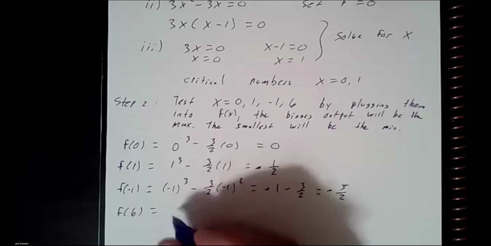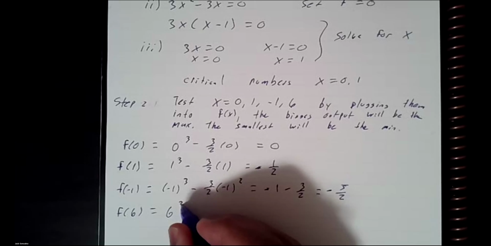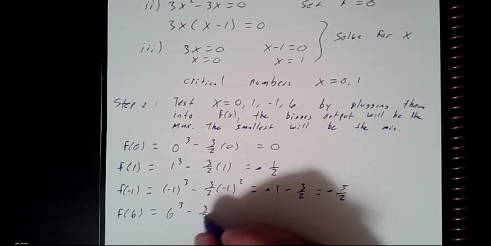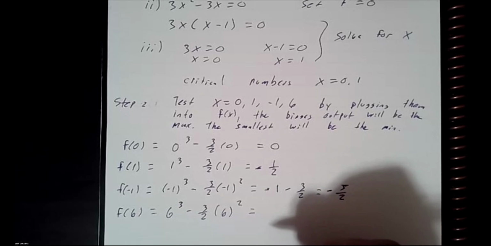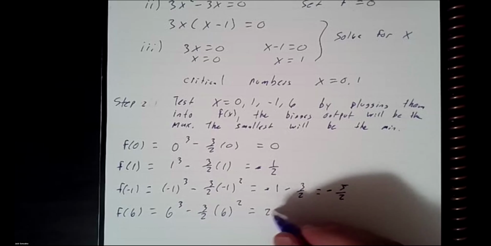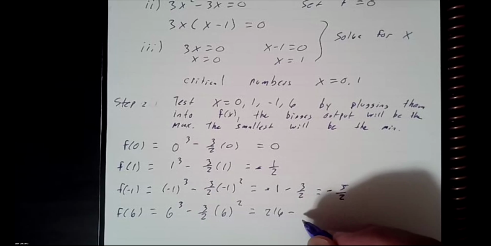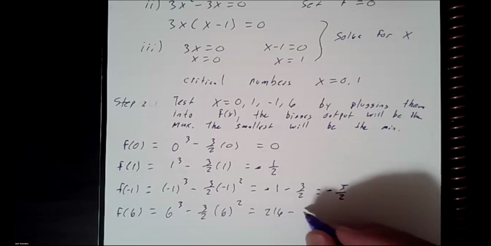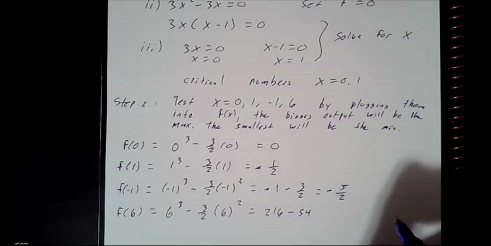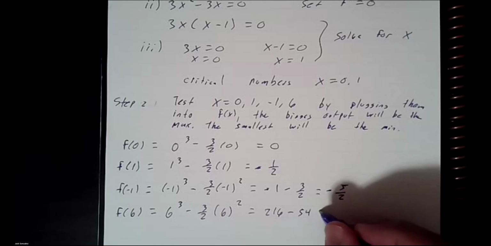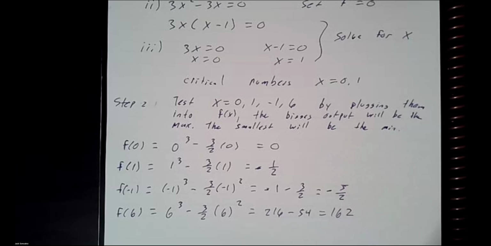F of 6 is 6 cubed minus 3 halves times 6 squared. That's 54, so about 162.